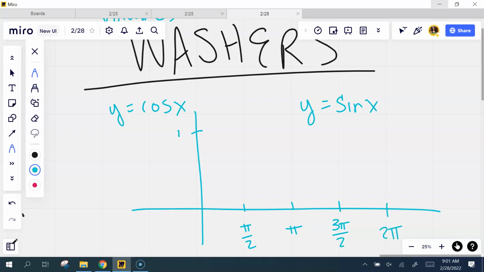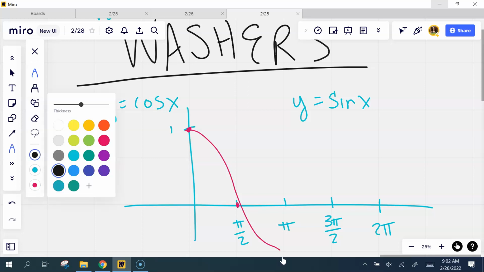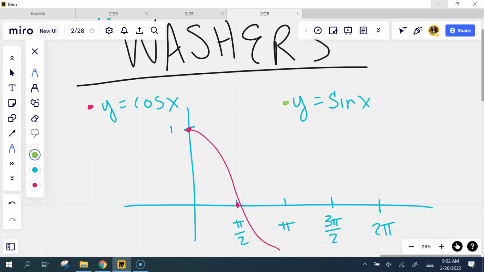And these are easy parent graphs, right? The cosine of 0 is 1. And then it comes down. I'm not going to have to worry about any of this because as it comes down and back around, I'm already past the x-axis. But I will go ahead and do it, and then I'll kind of zoom in on it some.